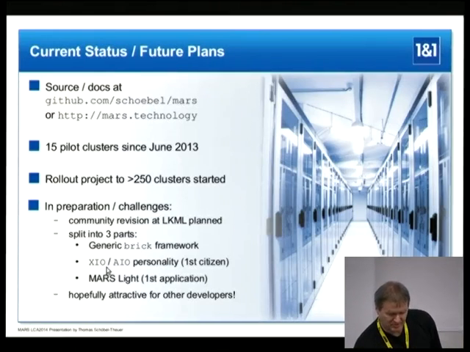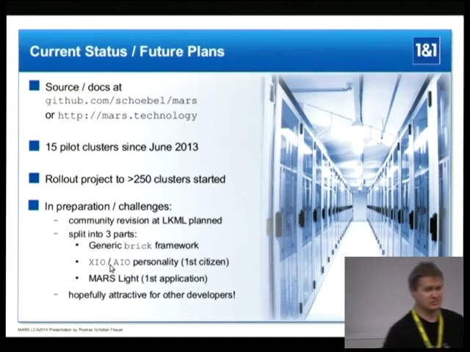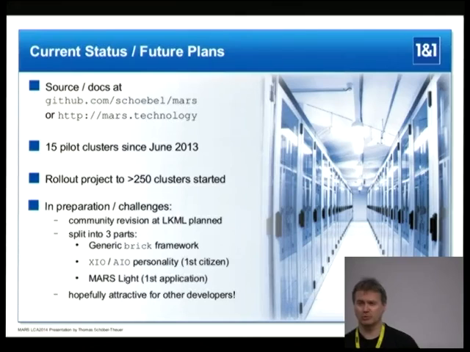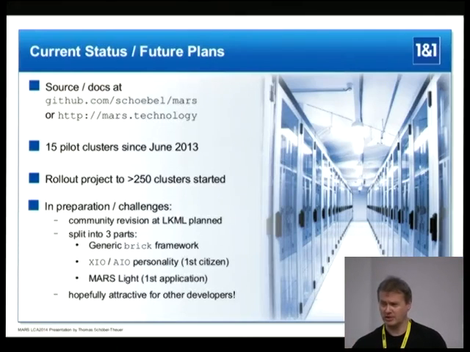Then there are some bricks, internal software components dealing with I/O, but not with block I/O, but asynchronous I/O with arbitrary granularity of requests. That's the main difference. So this is an infrastructure which could be used by kernel developers if they like. And then, of course, there's the MARS Lite application.